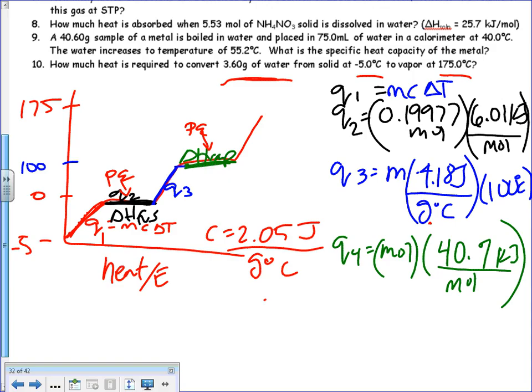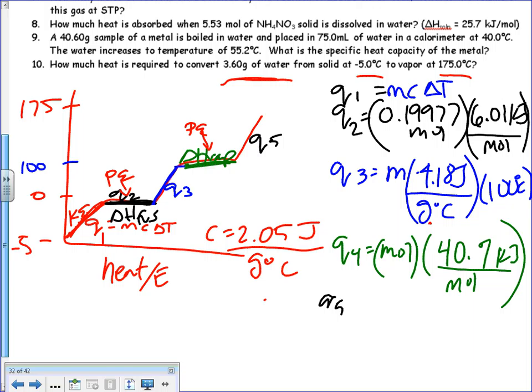Remember that definition? Temperature is the average kinetic energy of a sample. So if kinetic energy is increasing on the sloping parts here, here, and here, potential energy has to be the thing that's increasing on these flat parts. Because the kinetic energy is not increasing, because the temperature would be increasing. So we can't have kinetic energy increasing. Therefore, something has to increase because it's getting more energetic, and that would be the potential energy in that case.